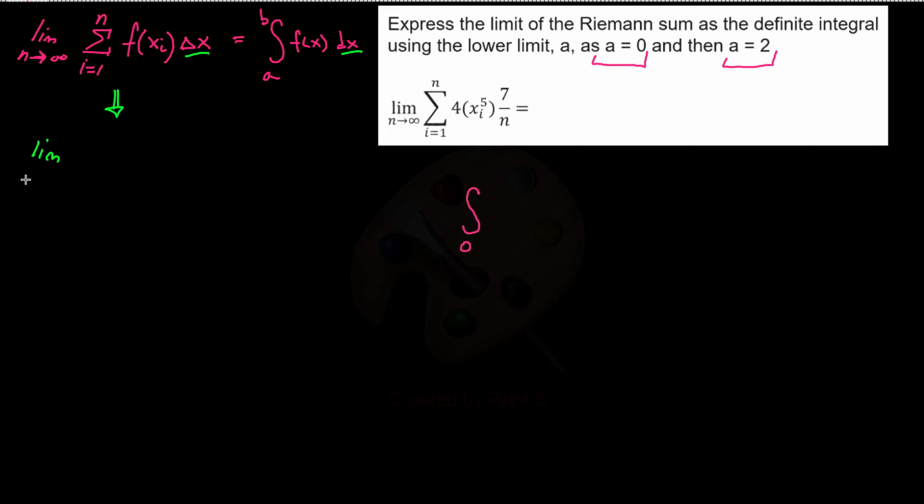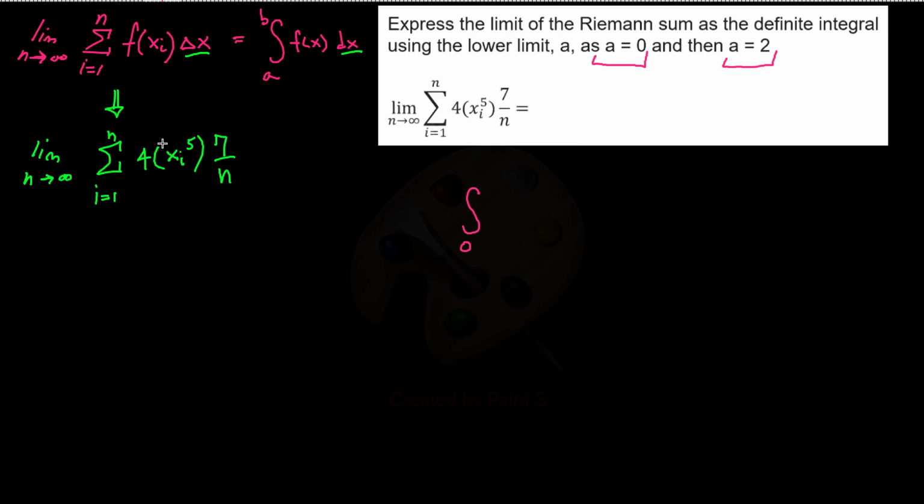The limit as n goes to infinity, i goes from 1 to n, of 4 x sub i to the 5th times 7 over n. Let's match up.